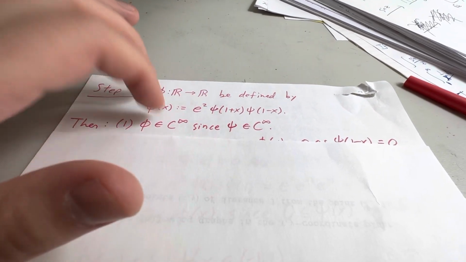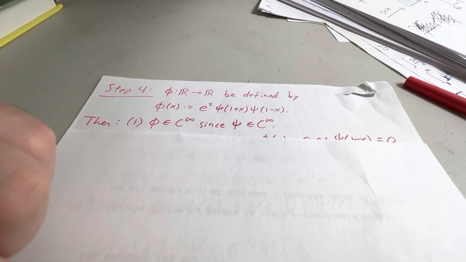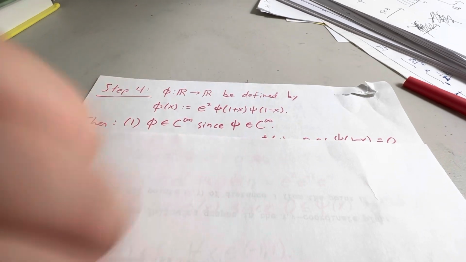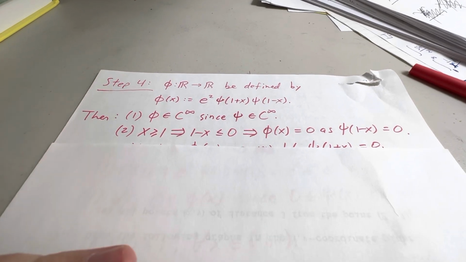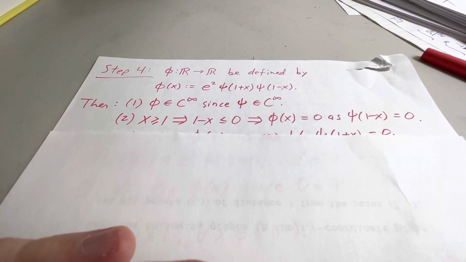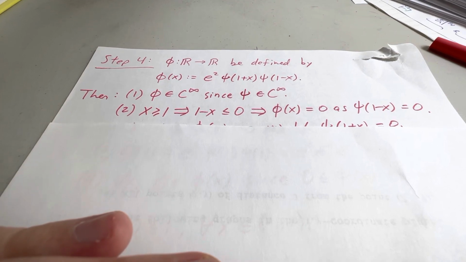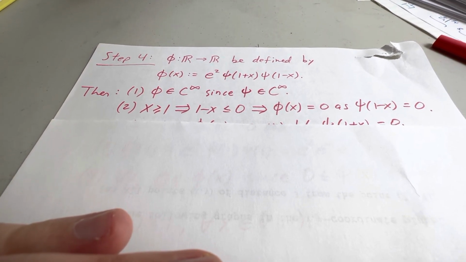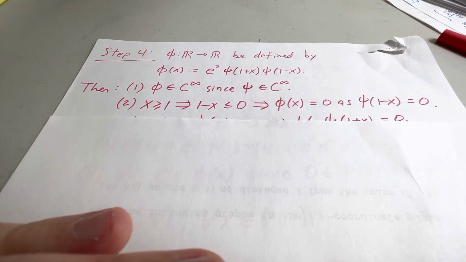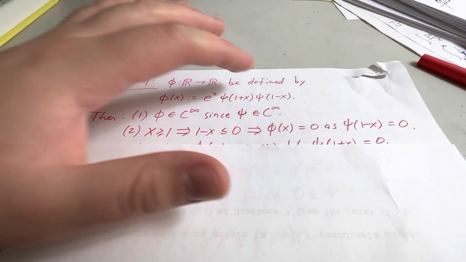So because of that, we know phi is infinitely differentiable. So it's smooth. So that's the first thing that we wanted to show. If x is bigger than 1, then 1 minus x is negative, which means that phi x is equal to 0. This is because psi of 1 minus x is equal to 0. So this guy kills it.